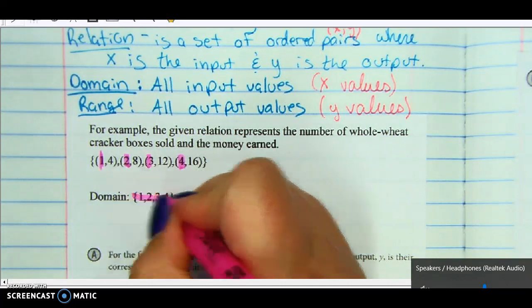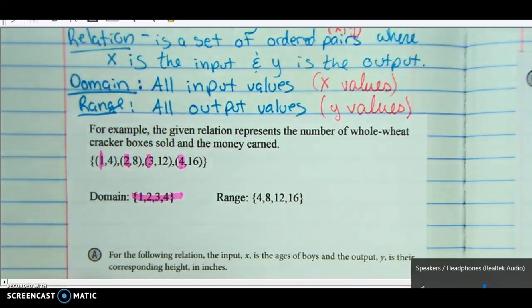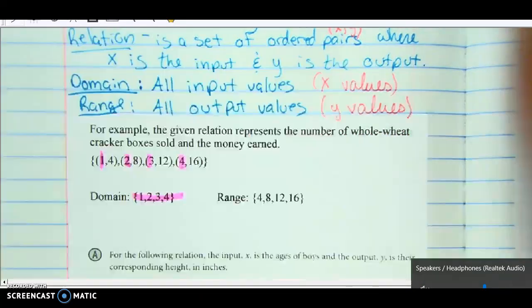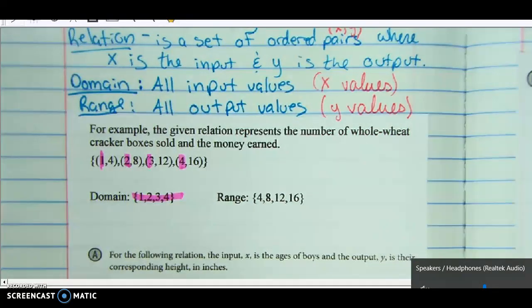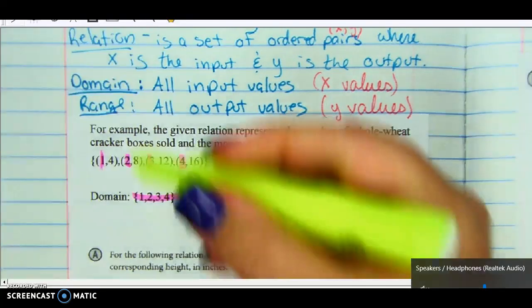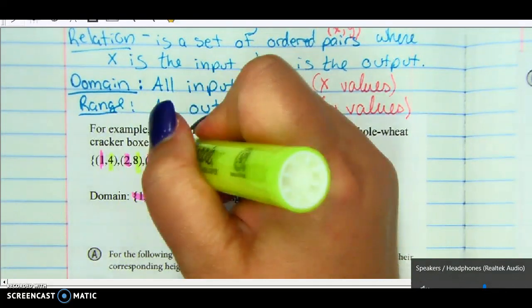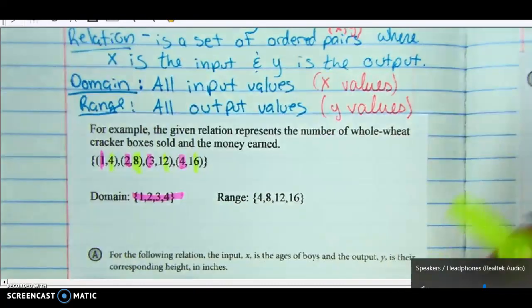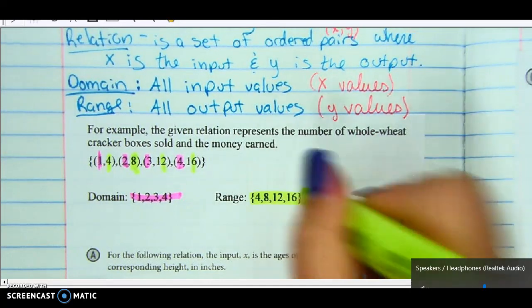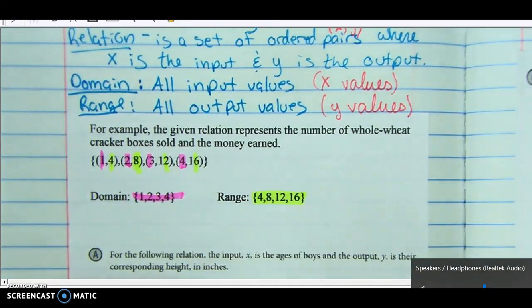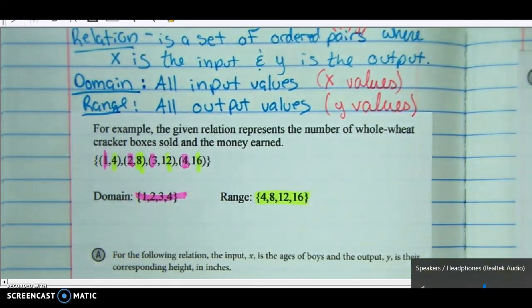Notice that that is our domain right here, 1, 2, 3, and 4. All of our range is all of our Y values, which here is 4, 8, 12, and 16. So those are all of our range values. X's versus Y's, inputs versus outputs.